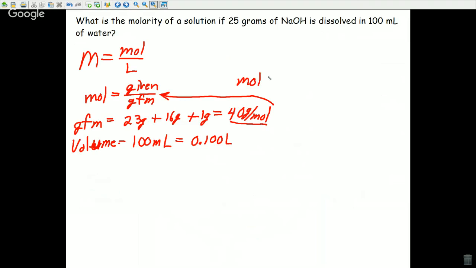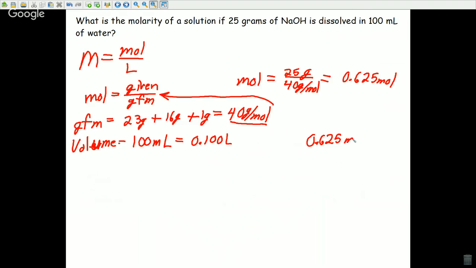So moles is 25 grams divided by 40 grams per mole, which gives me 0.625 moles. So now that I got the volume in liters and I have the moles of solute, I can plug it into the equation and get the answer.